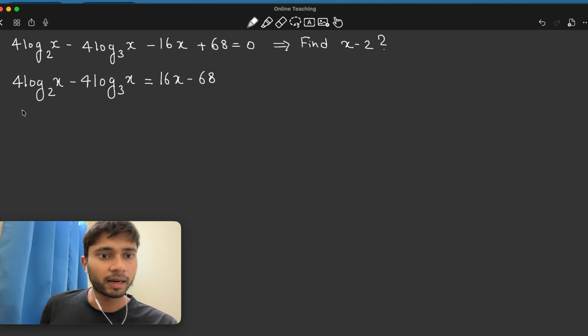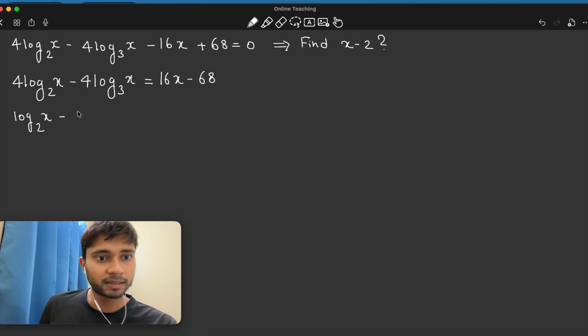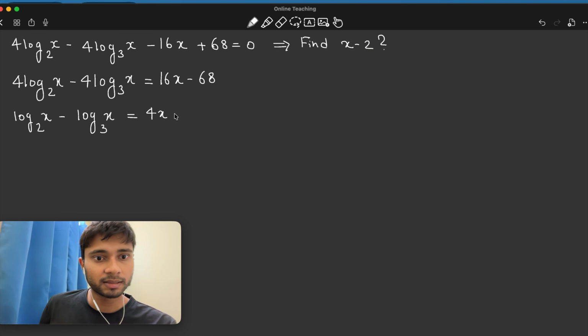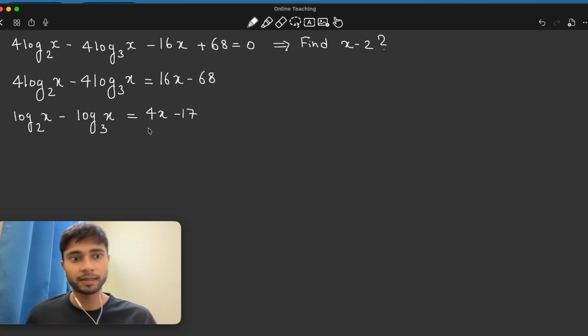I'm just clubbing the log terms on the left hand side and linear terms on the right hand side. Now we can divide by 4 because 4 is common, and we can easily get rid of that. Log x base 2 minus log x base 3 is equal to 4x minus 17, right?